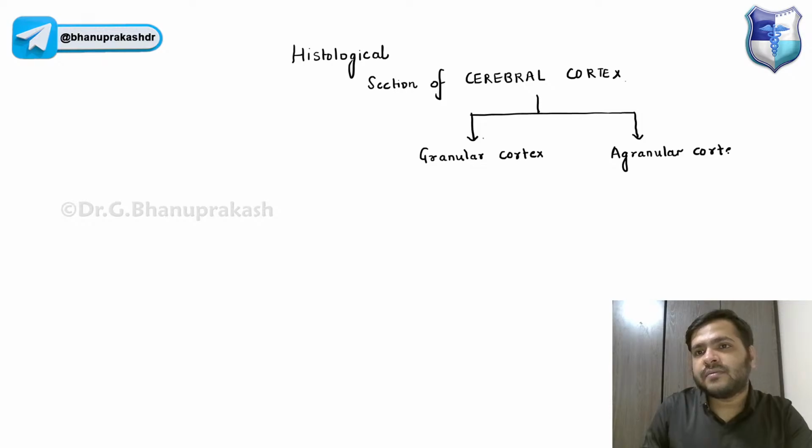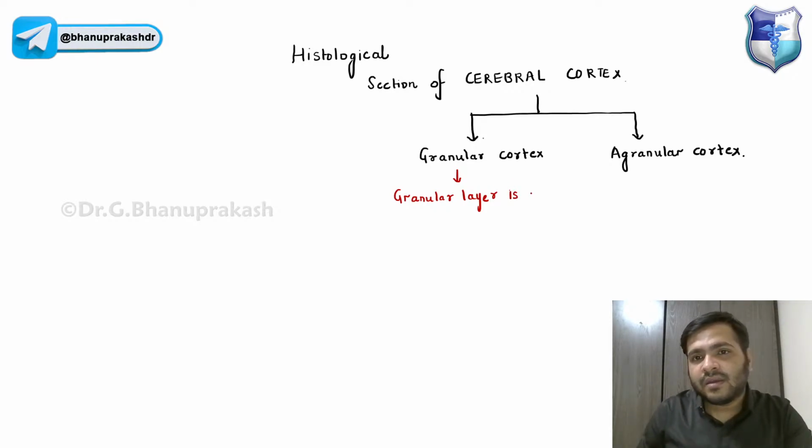Now, granular cortex is the one in which the granular layer is very well developed, more than the pyramidal layer.